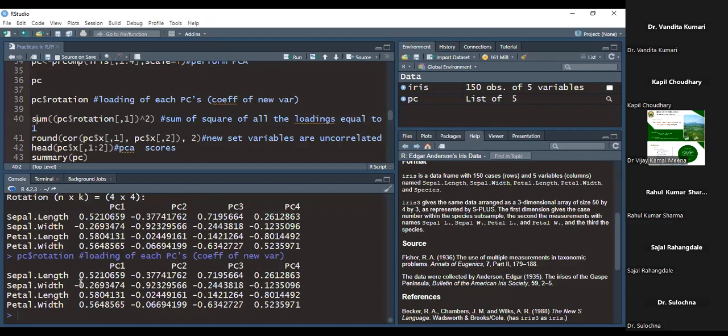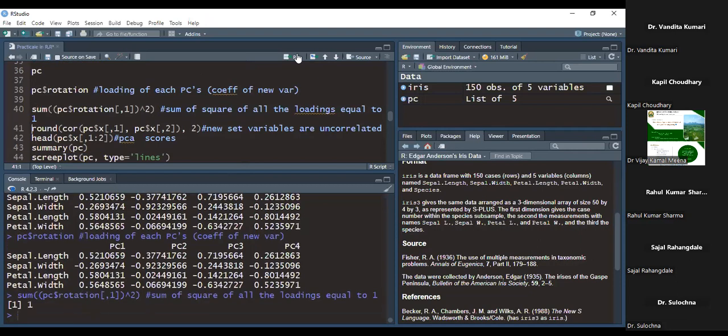That means A11 square plus A21 square plus A31 square plus A41 square should be equal to 1, as per the constraint mentioned in principal component. Let's see whether it is fulfilled or not. So let's run this. See, the sum of all the rotation equals 1. So in principal component, this is one important constraint: the sum of all loadings should be equal to 1.